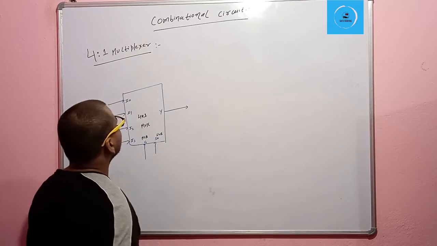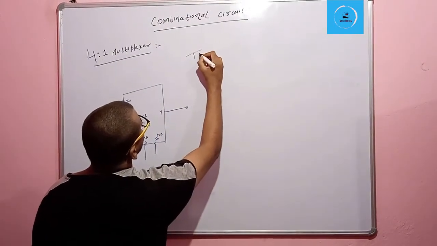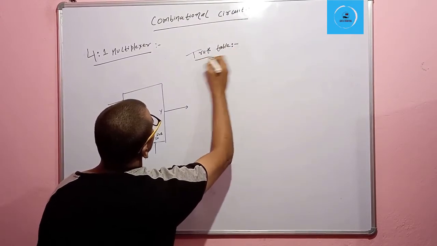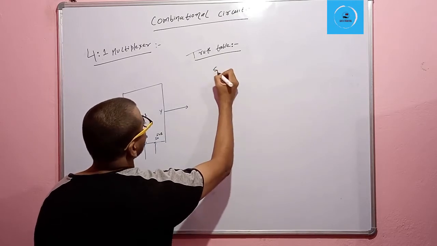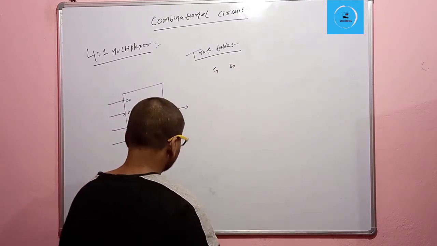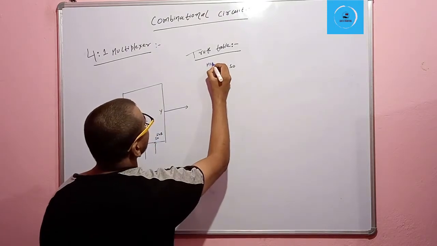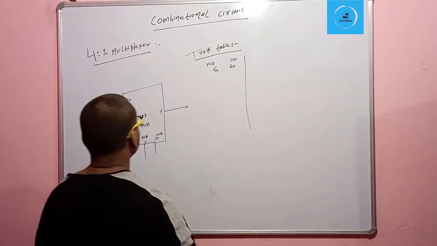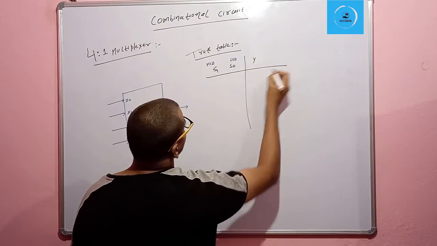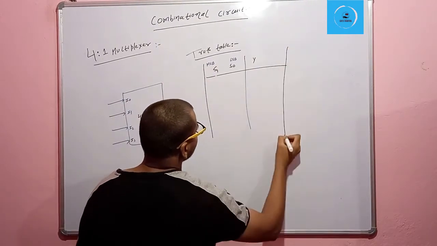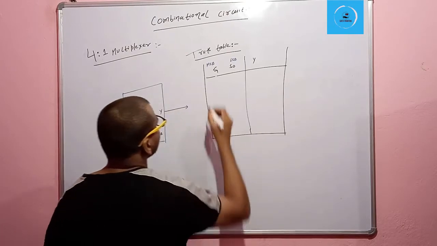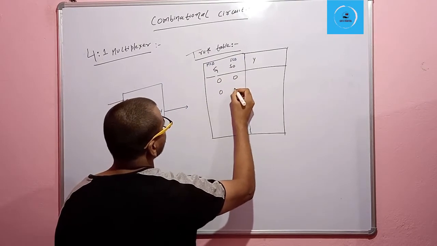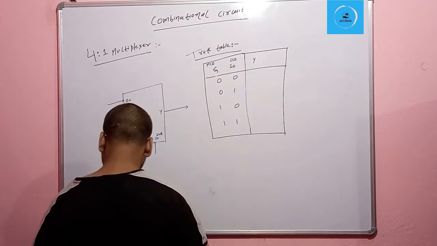So now we are going to see the truth table. For the truth table we have S1, S0. This is the MSB and this is the LSB. Now we are going to see the output Y. What will be the possible conditions for two select lines: 00, 01, 10 and 11?